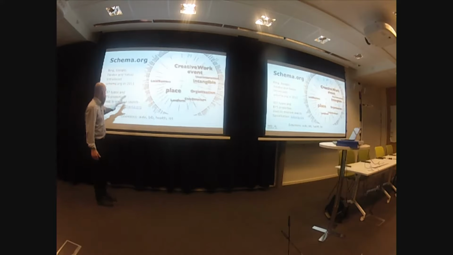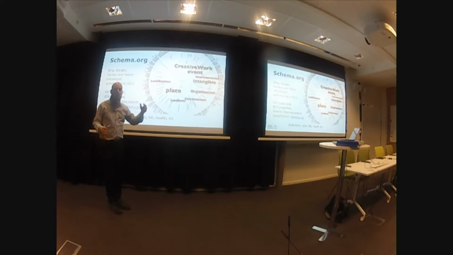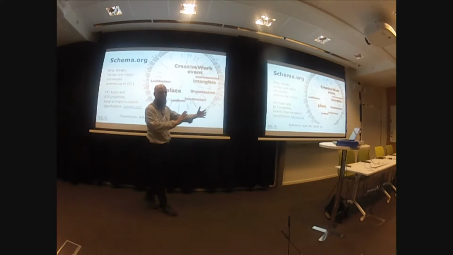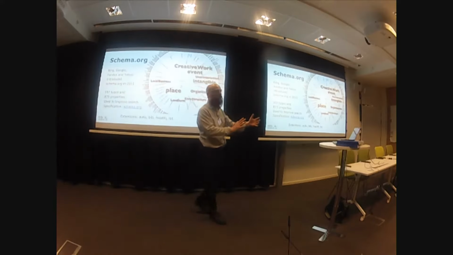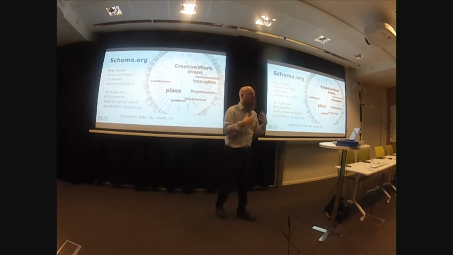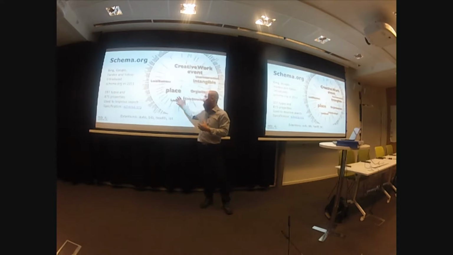But the purpose is to improve search. And we already mentioned the knowledge panels on the side of your searches. Those are driven by information that, to some extent, is extracted from web pages which have expressed information using this vocabulary.